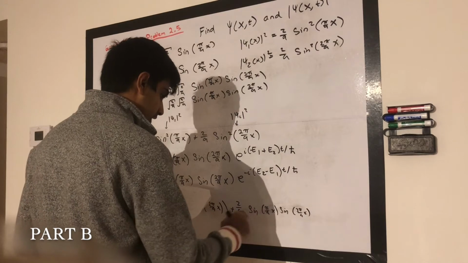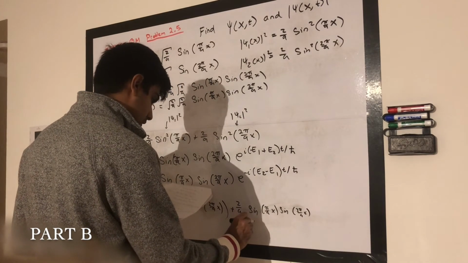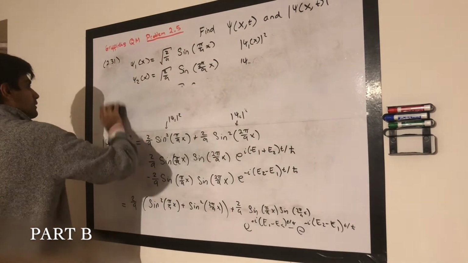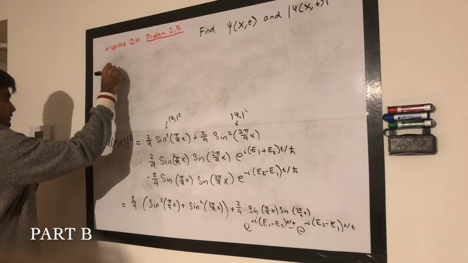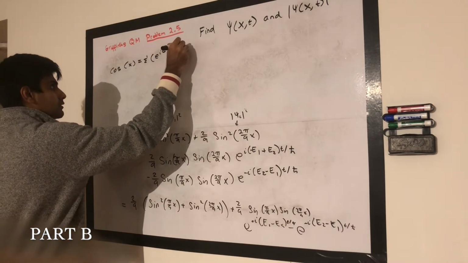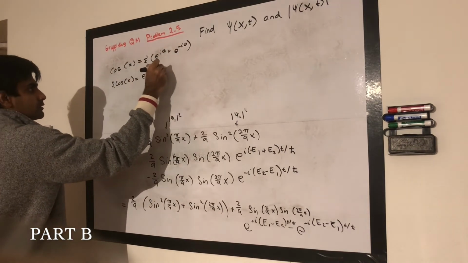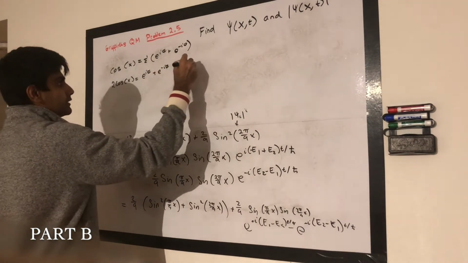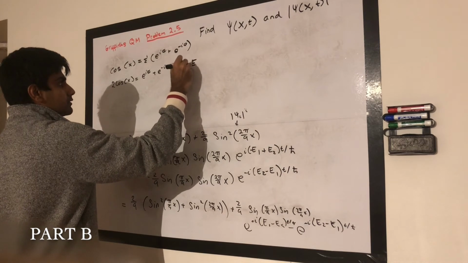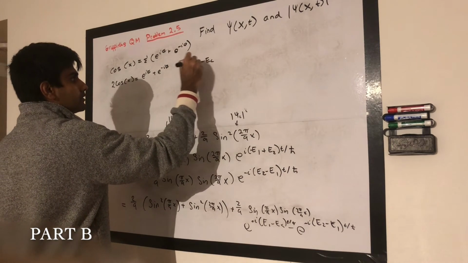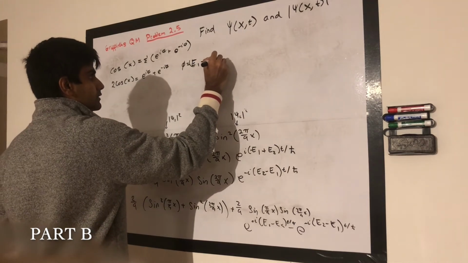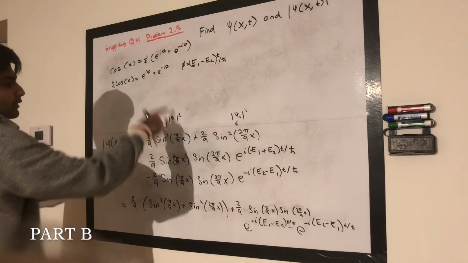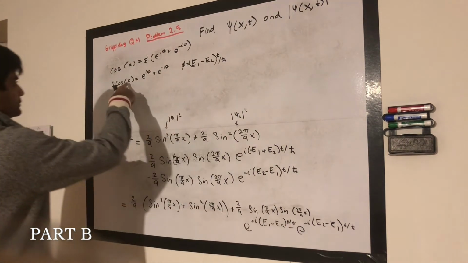So that's going to be times e to the minus i. Now notice that if we set this phi to be (E1 minus E2) times t over h bar, then we can write out the linear combinations of e's in terms of cos.